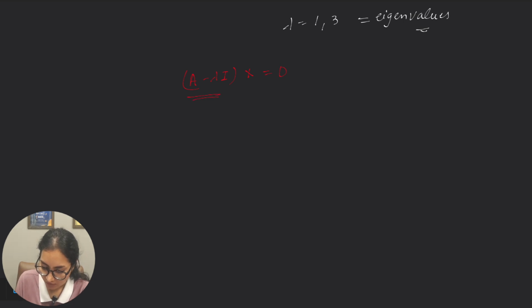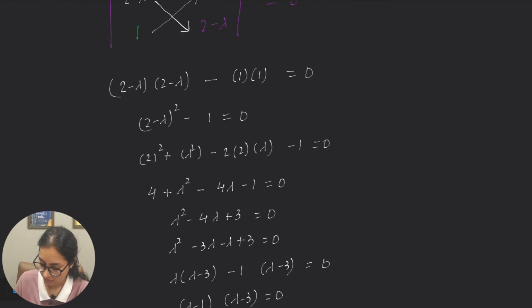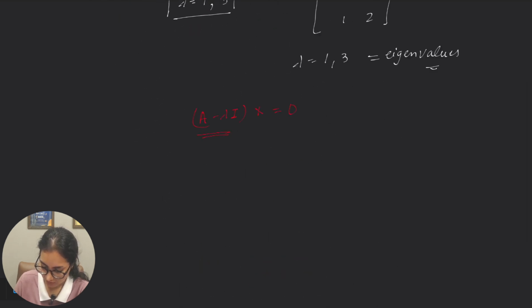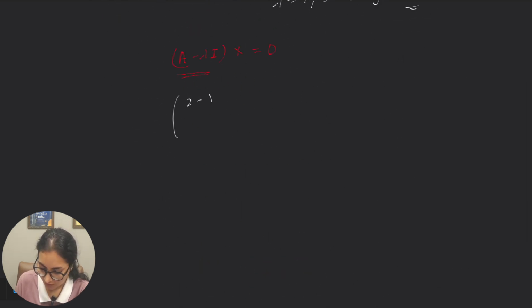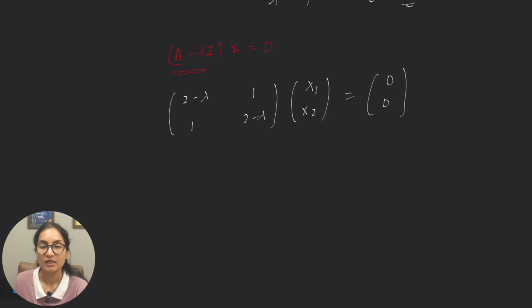And A minus lambda I was 2 minus lambda, 1, 1, 2 minus lambda, multiplied by x. x is an eigenvector, so its components would be x1, x2, and on the right hand side I have a null matrix.